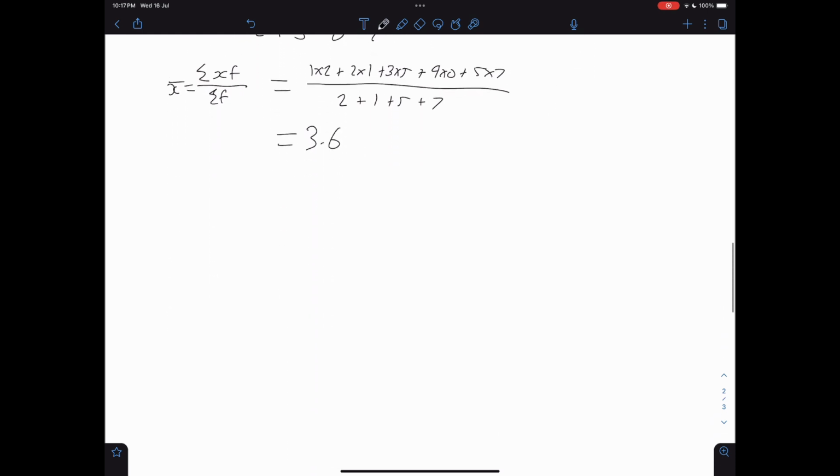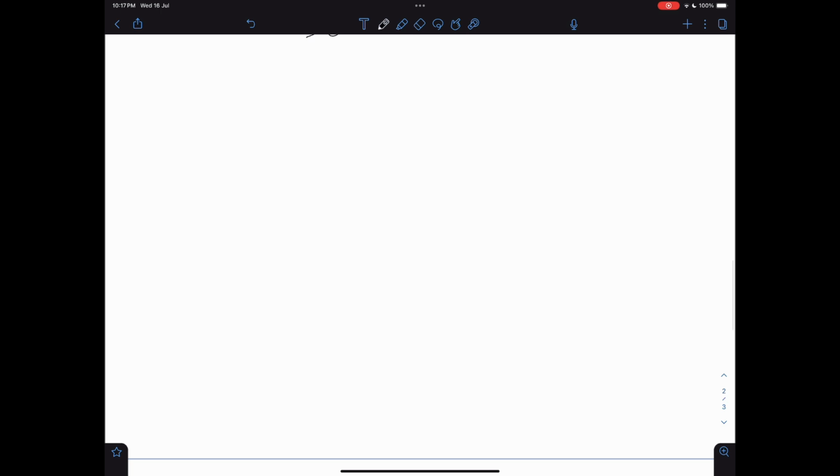And which one should you use? Well, there's a few advantages for each and a few disadvantages. So if we have a think about the mode, imagine you are a car company and you want to know which model of car you should be producing more, because not all cars sell the same.